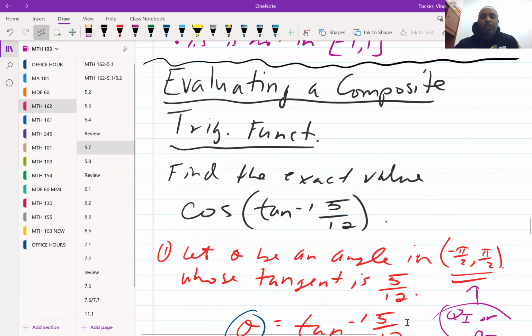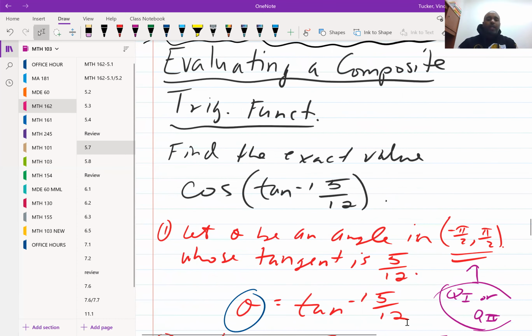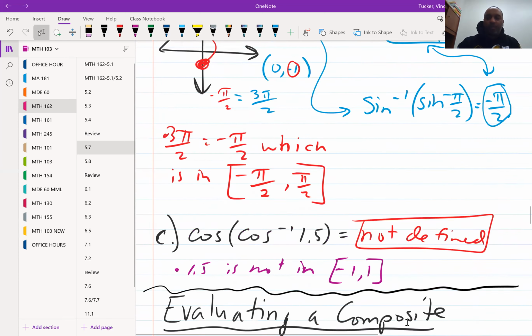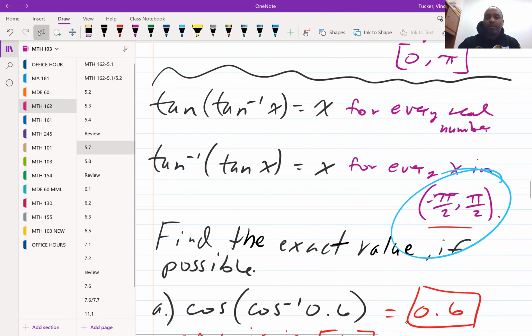So first, we're going to let theta be an angle within negative pi over 2 to pi over 2, whose tangent is 5/12, and that negative pi over 2 to pi over 2 comes from what we were talking about here.